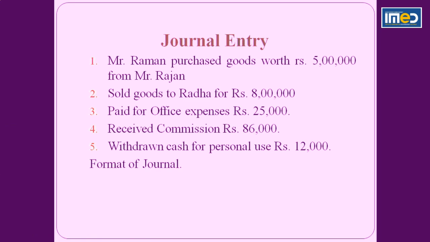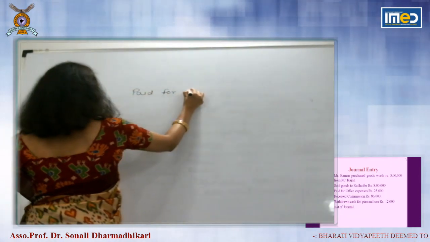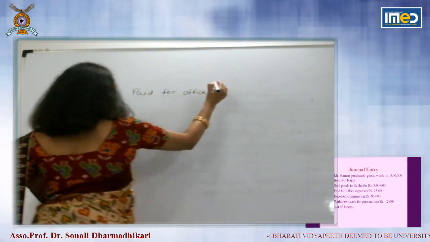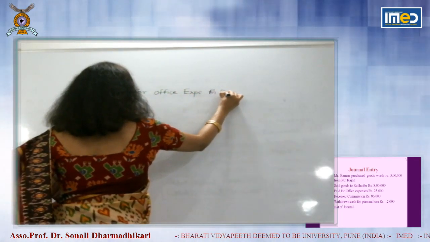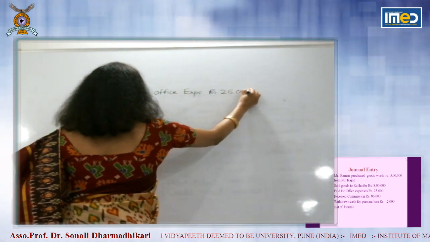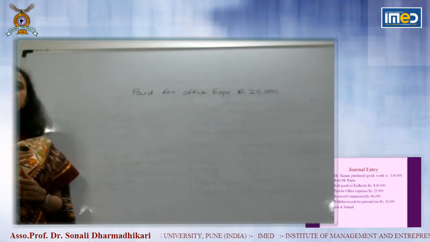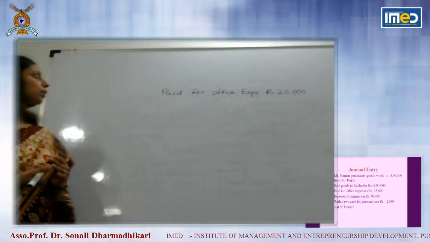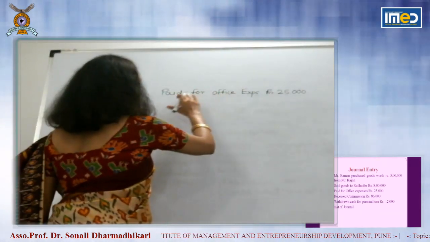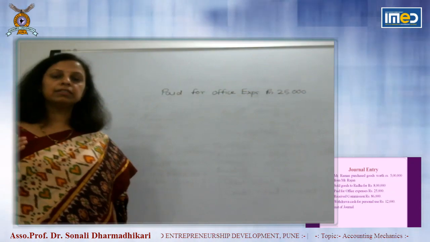Paid for office expenses rupees 25,000. Step 1, find out two accounts involved in the transaction. Now paid for, here cash account is the hidden account.